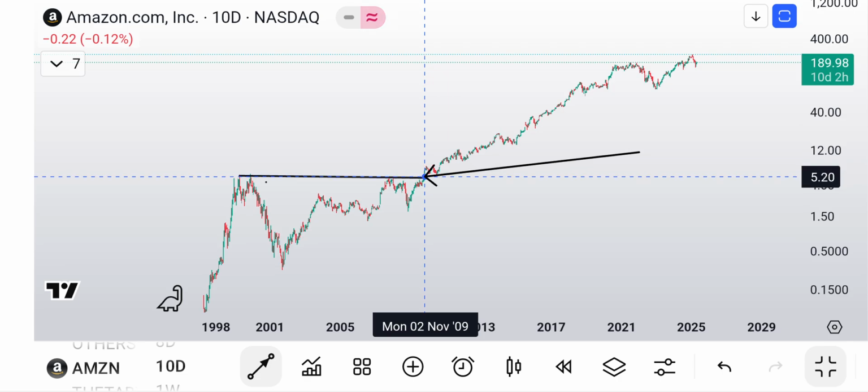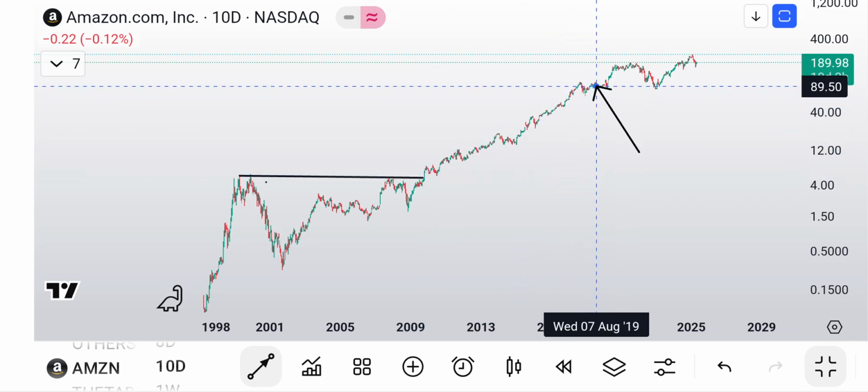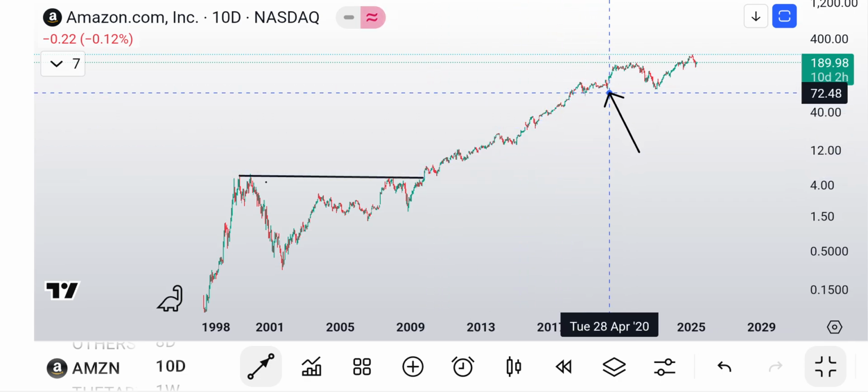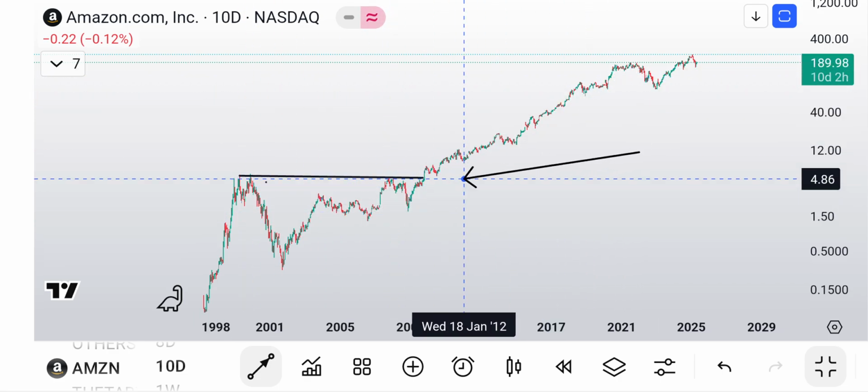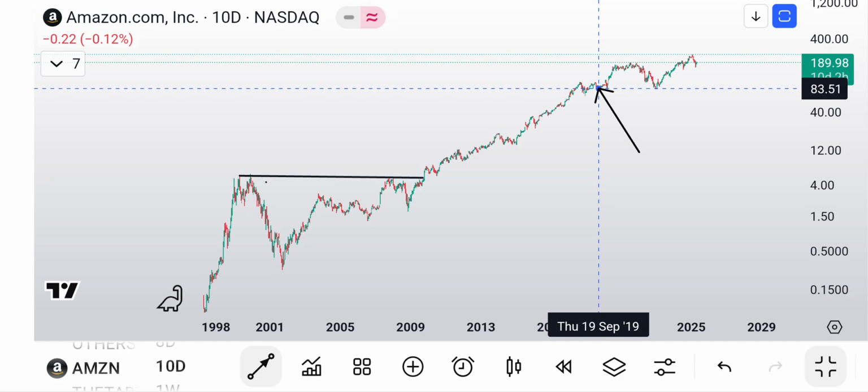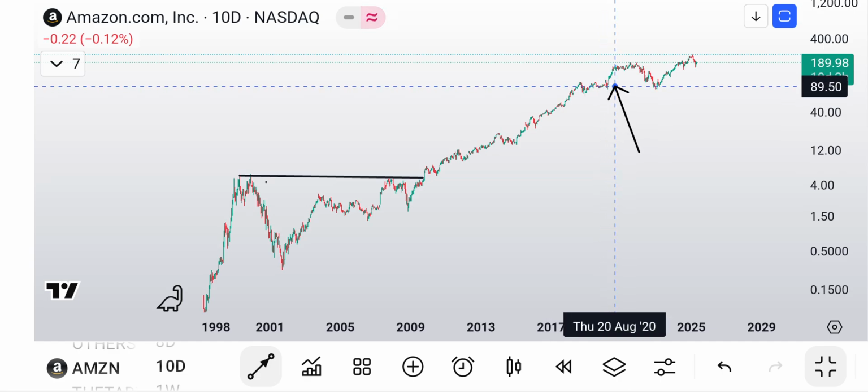Because it broke out in 2009? So if we go to 2019, that's 10 years right there. So it's been going up for 10 years. It's been going sideways for 10 years, then it went up for 10 years, and now you count 20, right? It's actually been going up for 15 years. Now, I'm not saying XRP is going to go up for 15 years, okay?